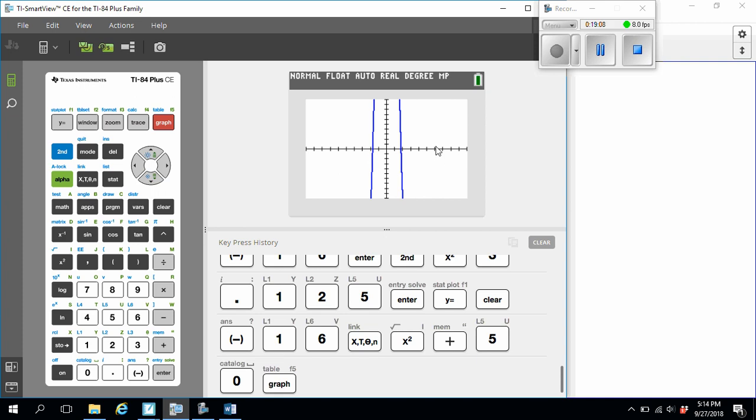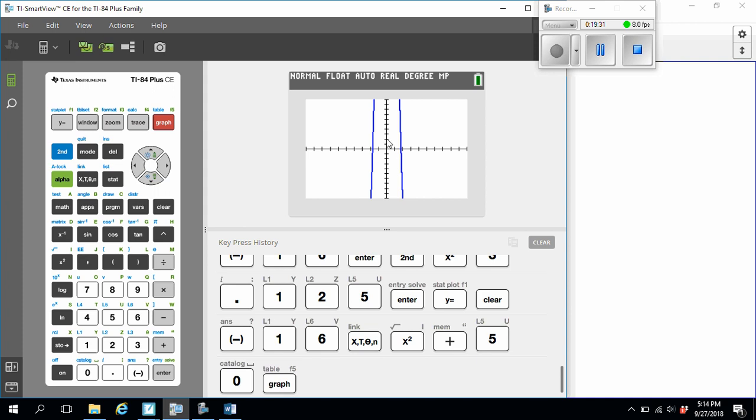So really all we're wanting is this area over here, okay? Now in this case, you can change the window if you want to make it a little bit wider. If you are wanting to do that, I'm going to show you next. Or you can just leave it like this to find the answer. Both will get you the same answer.